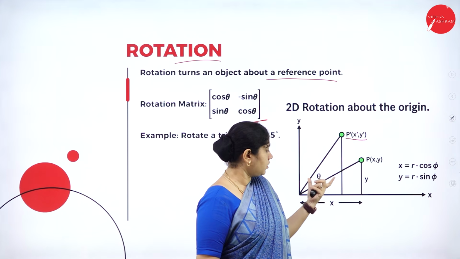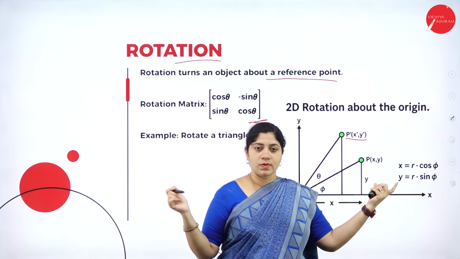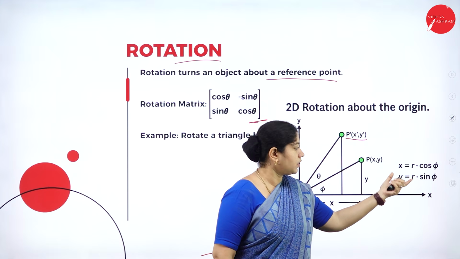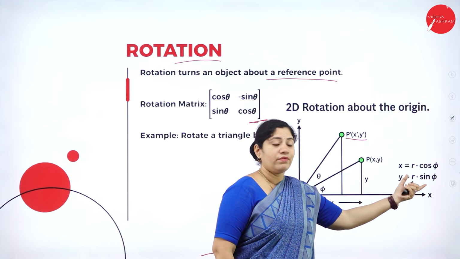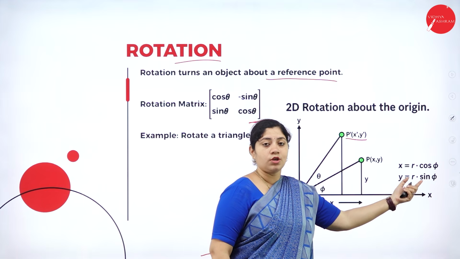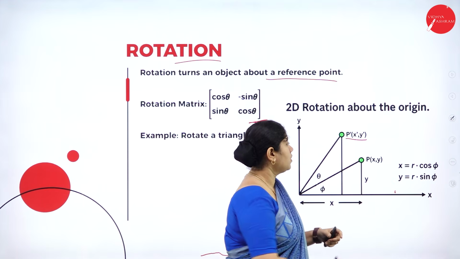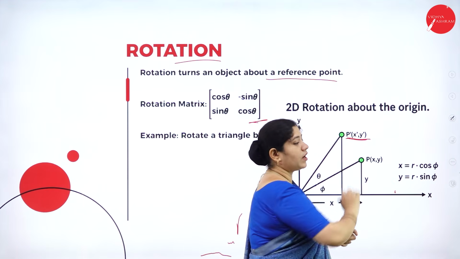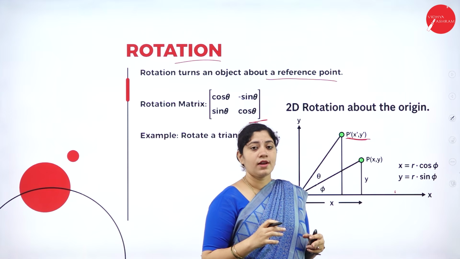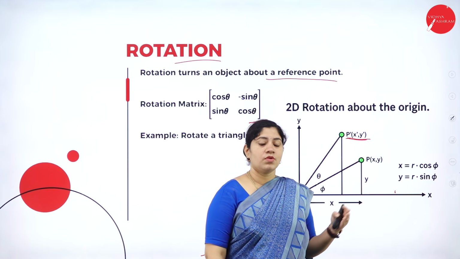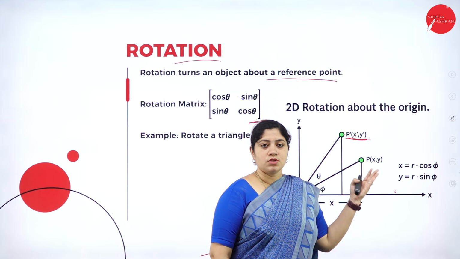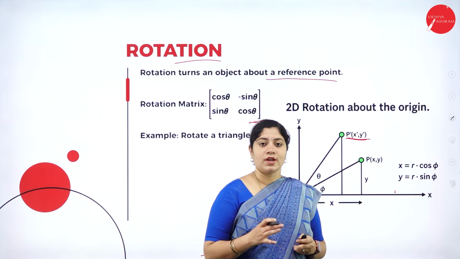So how is it done? By the matrix formula, or we can directly consider x equals r cos phi and y equals r sin phi. By applying this, we get our x' y' coordinate object values rotated by an angle of 45 degrees. So this is with respect to rotation.